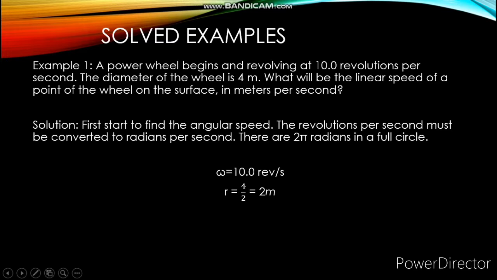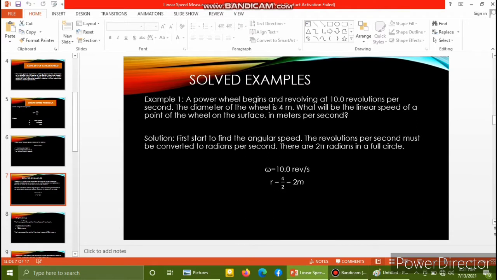The diameter of the wheel is 4 meters. What will be the linear speed of a point on the surface of the wheel in meters per second? To solve example number 1, we are finding the linear speed of a point on the surface of the wheel in meters per second.